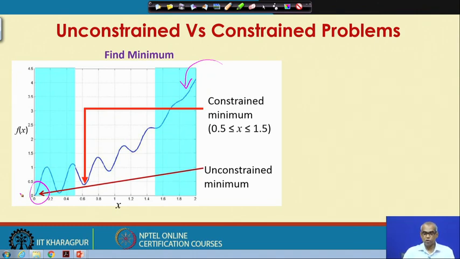But if I put some constraint on the independent variable x, such that x varies between 0.5 and 1.5, then you have to find the minimum within this range of x. In that case, the minimum happens here, because the function value here is less than at other points within the range.